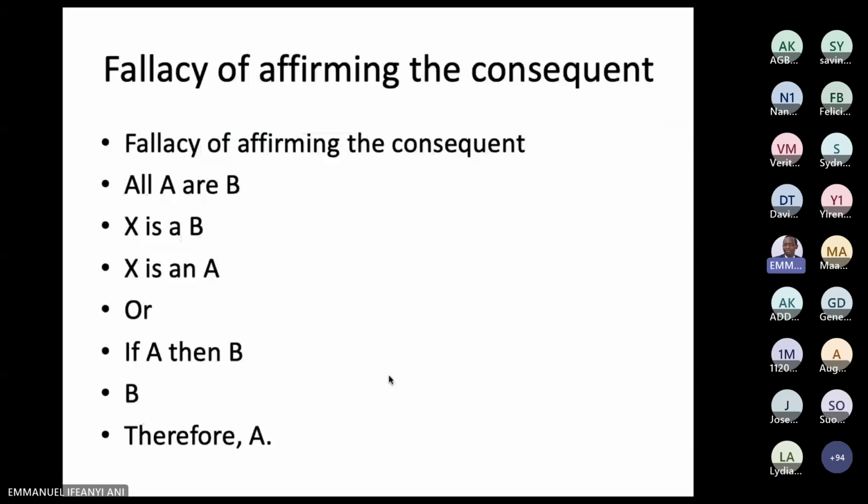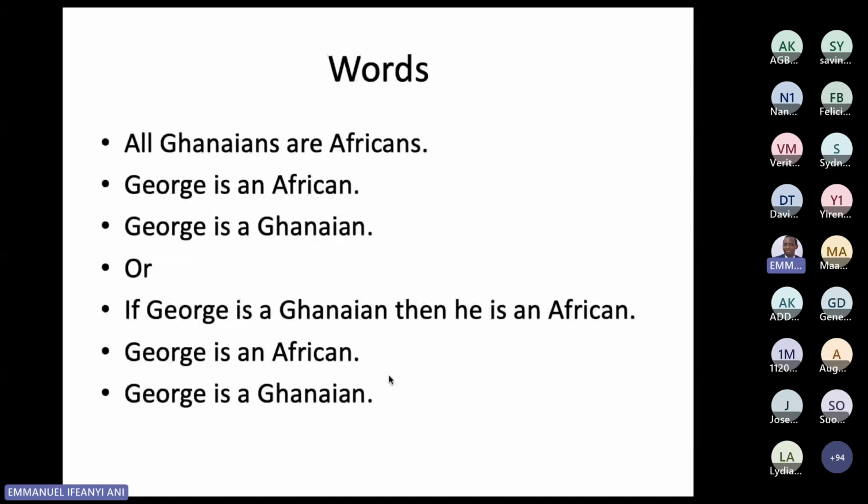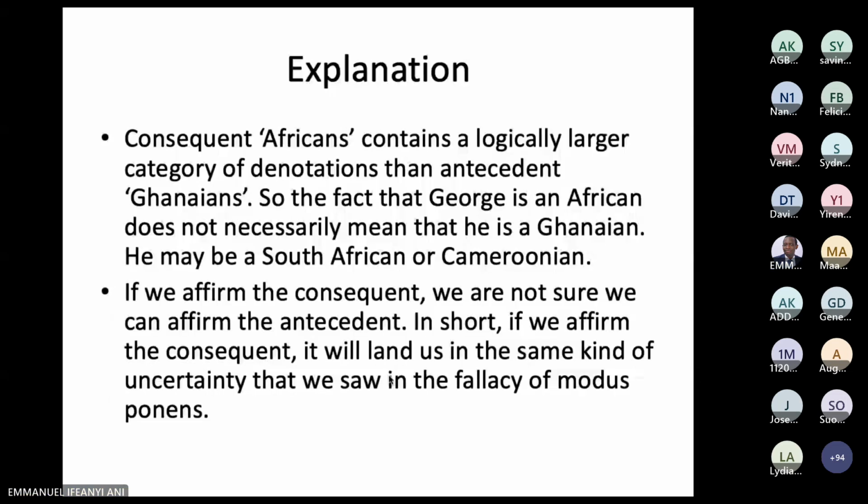So this is the explanation. The consequent, Africans, contains a logically larger category of denotations compared to the antecedent, Ghanaians. So the fact that George is an African does not necessarily mean that he's a Ghanaian. He may be a South African or a Cameroonian. If we affirm the consequent, we are not sure we can affirm the antecedent.